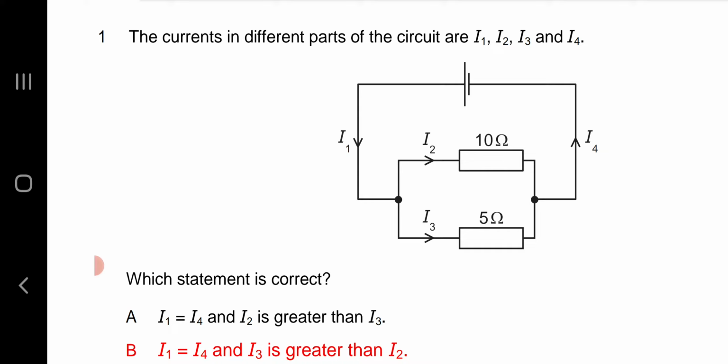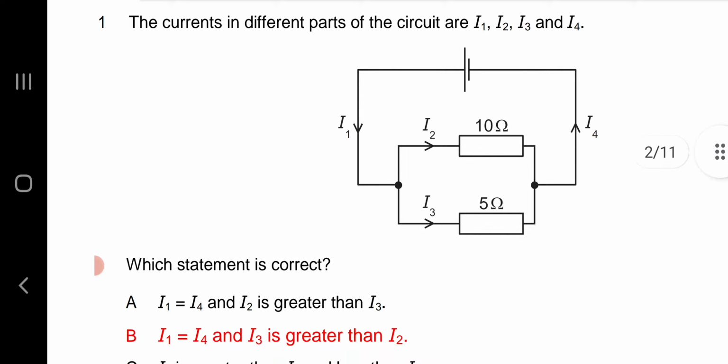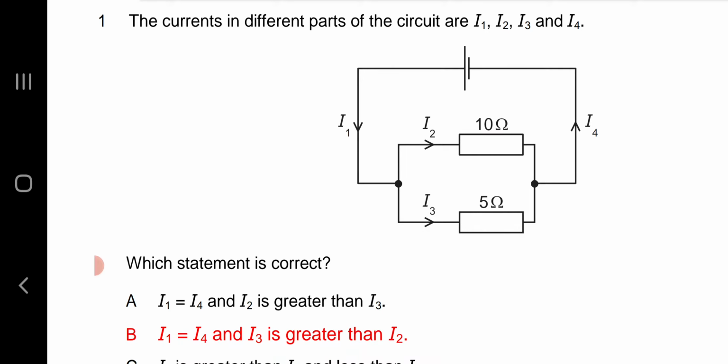I3 is greater than I2 because I3 is flowing through the minimum resistance branch, that is 5 ohm, and I2 is less than I3 because it is flowing through the 10 ohm branch, whereas I1 is equal to I4. So option B: I1 is equal to I4 and I3 is greater than I2.